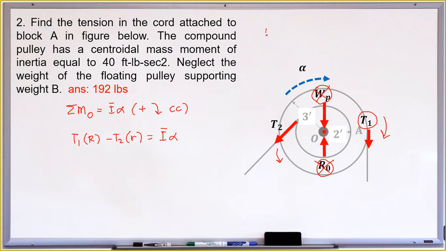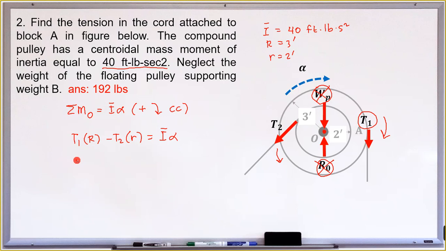From the problem, our I bar is given by 40 foot-pound second square. Next, given R is 3 feet and the small r is 2 feet. So here we substitute.